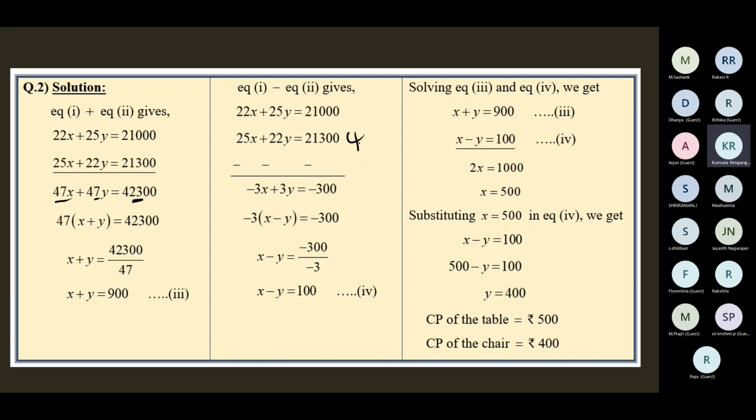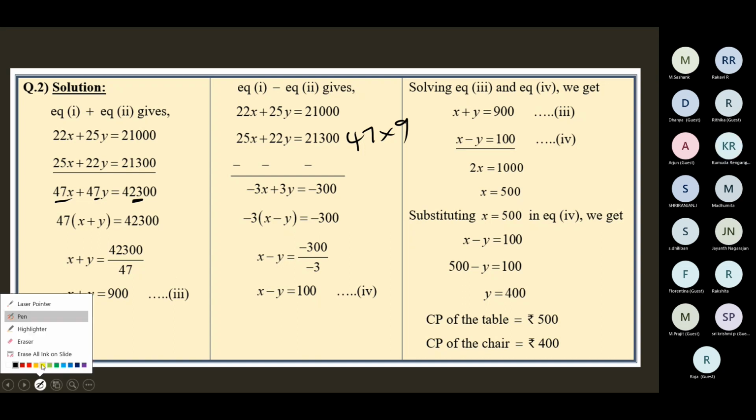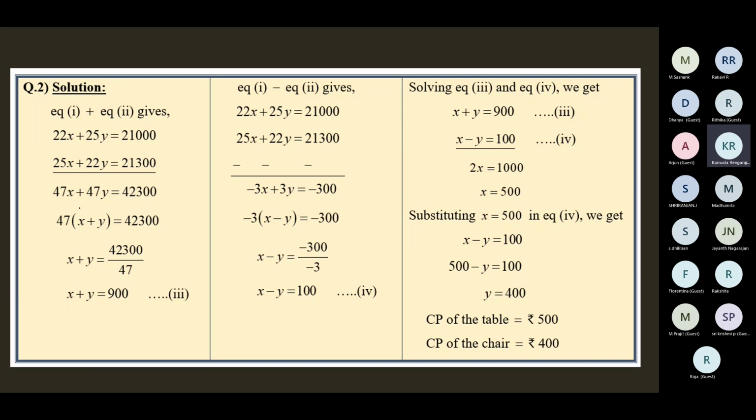So you should try that. 47, how many times? 9 times. So 47 is common. This is also simplifying the equations. It's like you're dividing by 47 throughout.